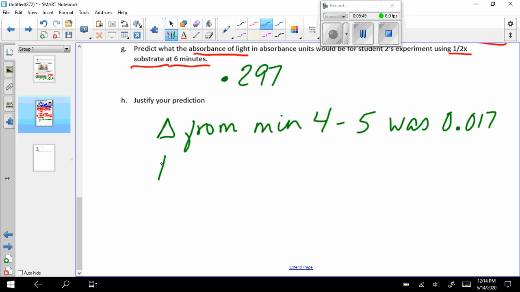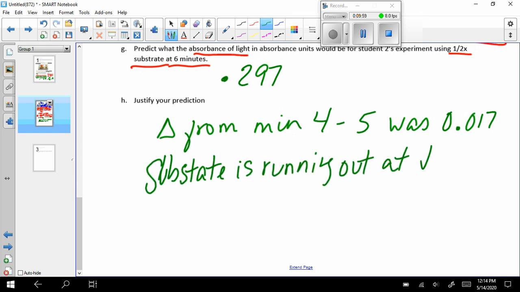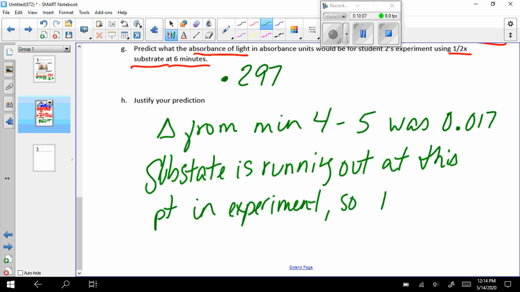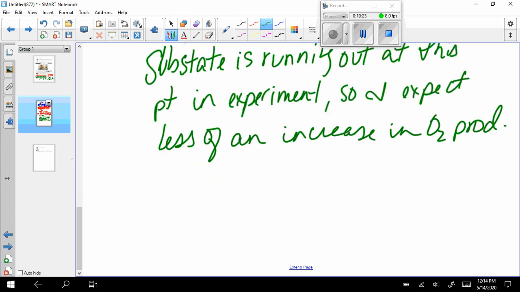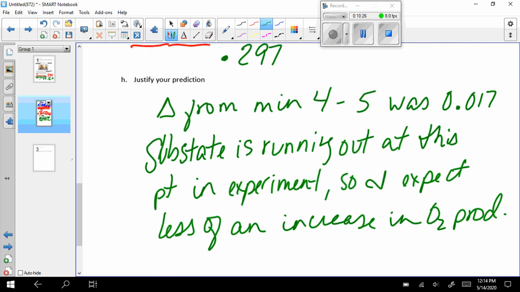So substrate is running out at this point in the experiment. So I expect less of an increase in O2 production. And so that is how I came up with my answer.